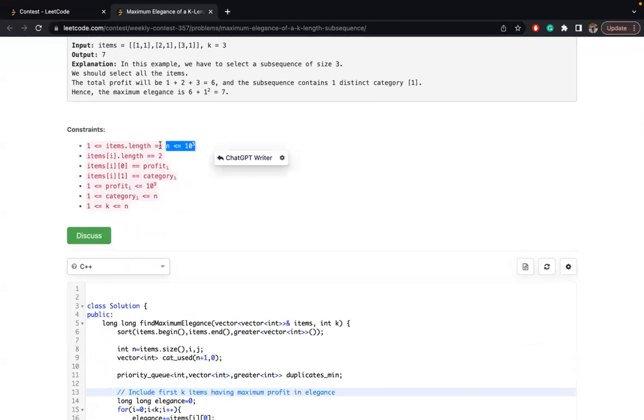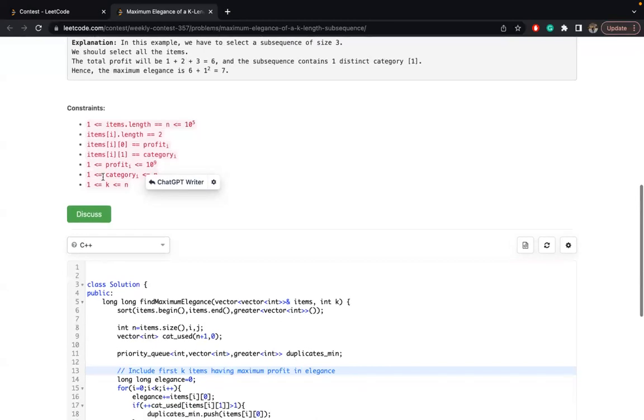I think 10 to the power 5 fits, so we can sort it. Everywhere there are two values: one is profit, one is category. Profit can range up to 10 to the power 9 and category can range up to n, meaning 10 to the power 5.